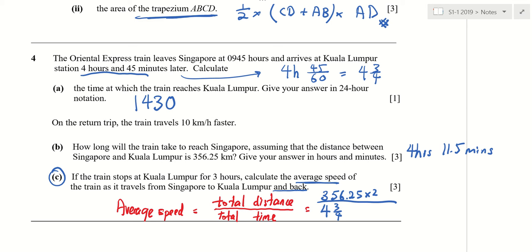How about the return? Times 2, wrong. So may I check? It says here, how long does it take to reach Singapore? 4 hours and 11.5 minutes. This is the return journey, right?